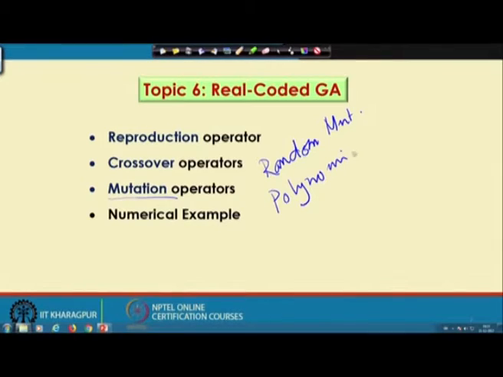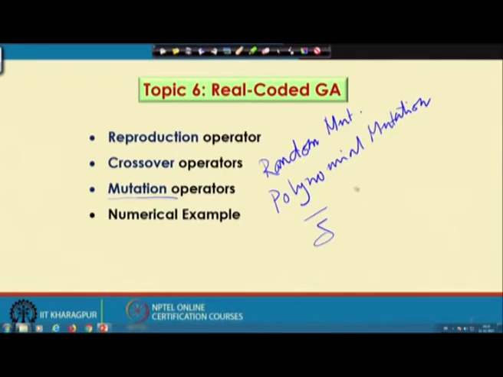Now, here in polynomial mutation, once again we take the help of one mathematical expression of this polynomial just to indicate what should be the perturbation factor, that is delta bar.